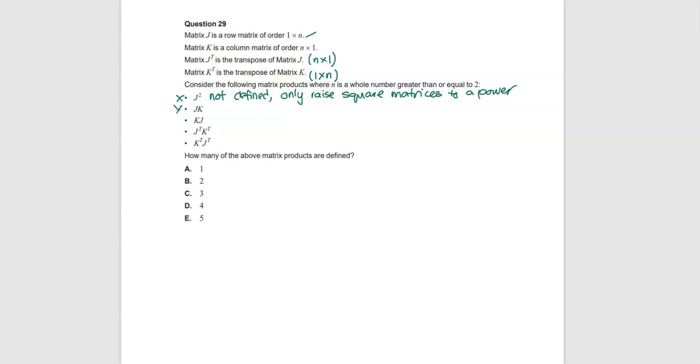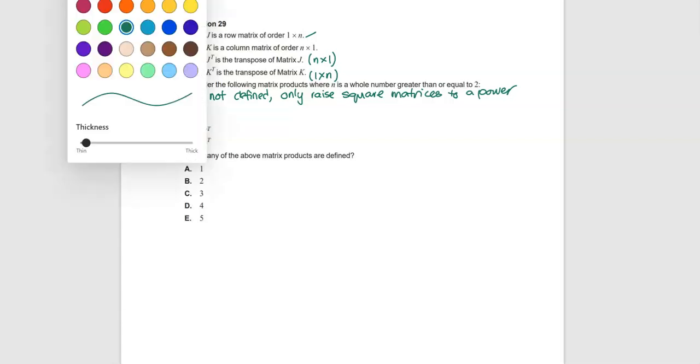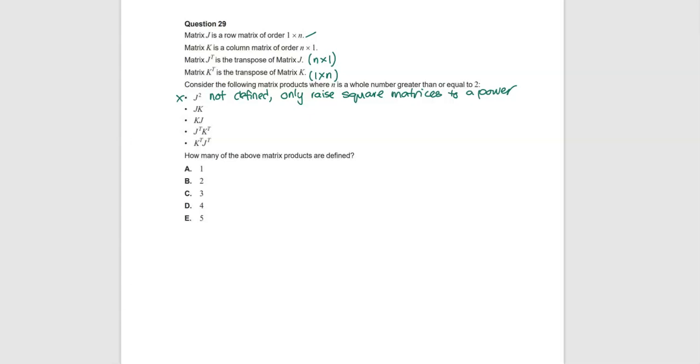Now, you should go and check the other ones. You can just put the orders. J's first, so it's a 1 by n, and then K, which is an n by 1. If you do that, that one's defined. You keep going through them all, and you'll notice that all these ones can be defined.